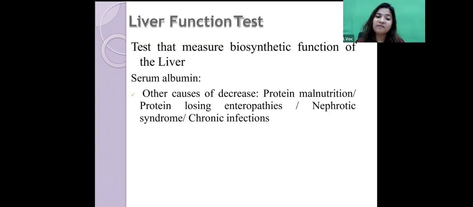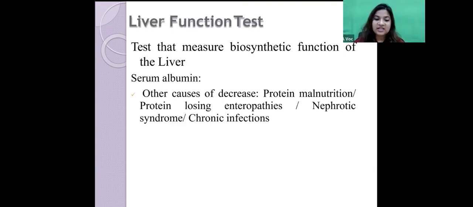The second group of tests is meant for assessing the protein synthetic functions, such as total protein estimation, albumin, globulin, A/G ratio, and the prothrombin time. Then the final group includes the tests meant for lipid metabolic functions of the liver. So the estimation of serum cholesterol and determination of the free and esterified cholesterol ratio is performed in this final group.